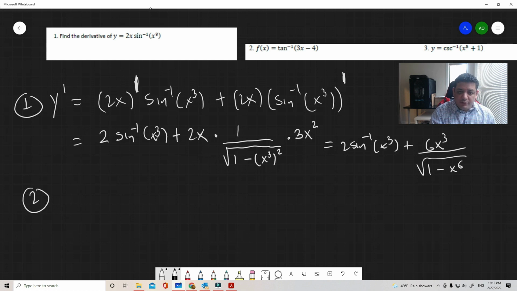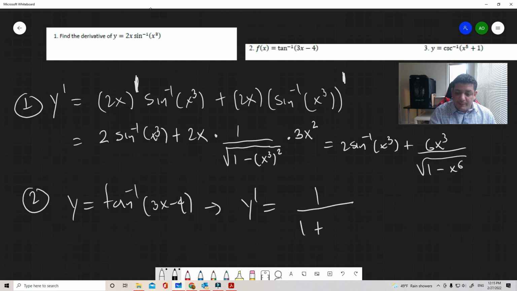Now let's go to number 2. Number 2, we're going with a chain rule. Y equals tangent to the minus 1 of 3x minus 4. So that implies that y prime is just going to be 1 over 1 plus whatever is inside, squared.